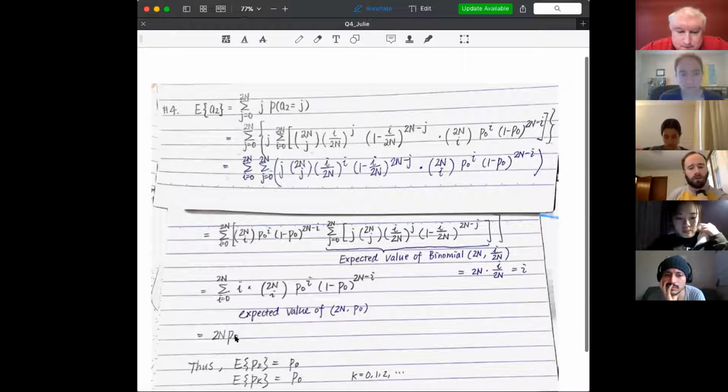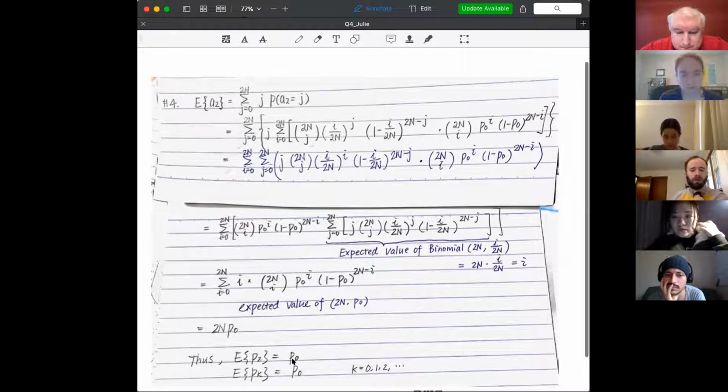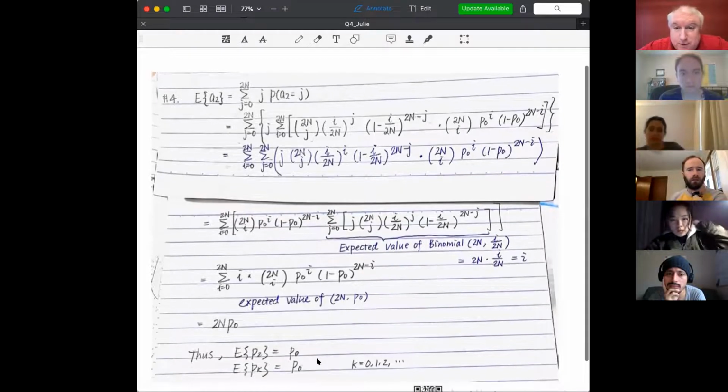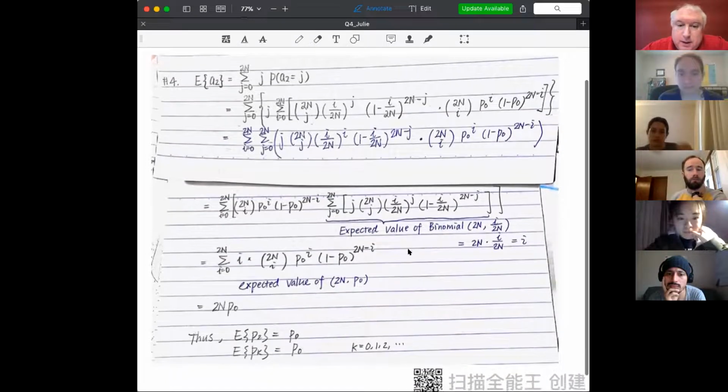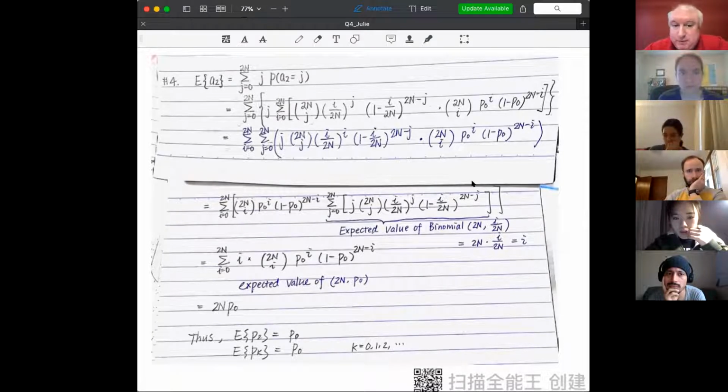And then you divide by 2n to get that the expected value of P2 is also P0. So by the same token, for all the future generations, it's going to be P0. That's exactly perfect. The only thing you've done in these steps is you started out with the exact perfect definition.